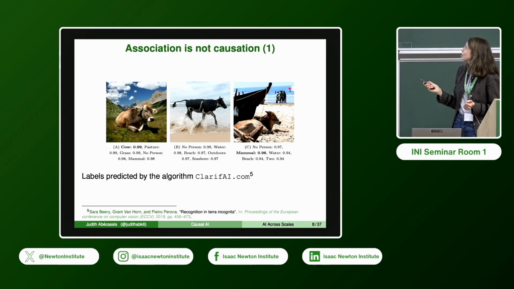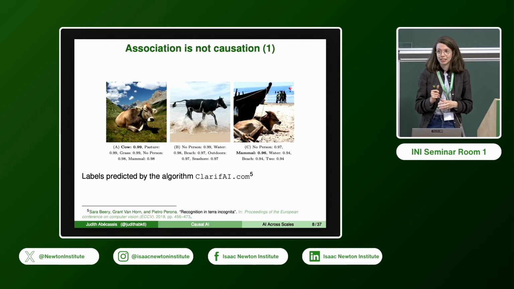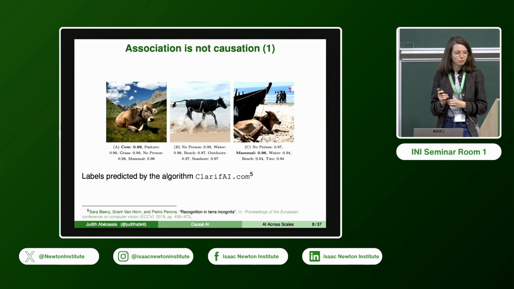But if you have a similar animal on a beach, which is less frequent in some data sets, it actually completely fails to recognize a cow. And you can have several examples of such cases showing that it's not just bad luck.